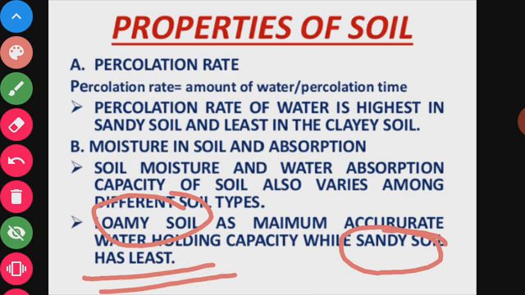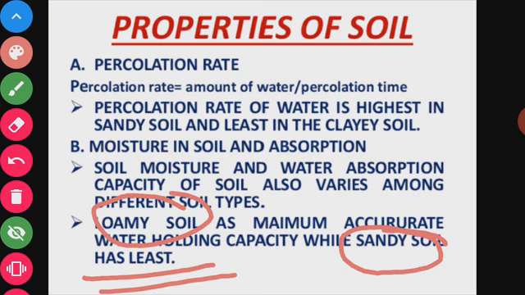This is all about absorption of water by soils. Different soils have different water absorption: loamy soil has maximum water holding capacity, sandy soil has the least, and clay soil has moderate water holding capacity.